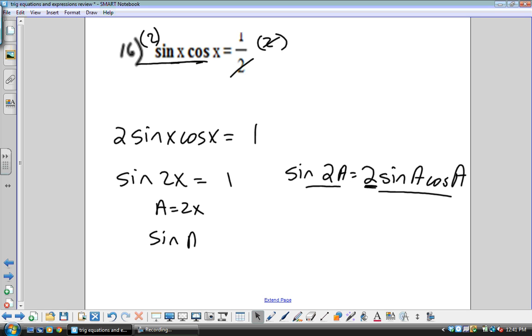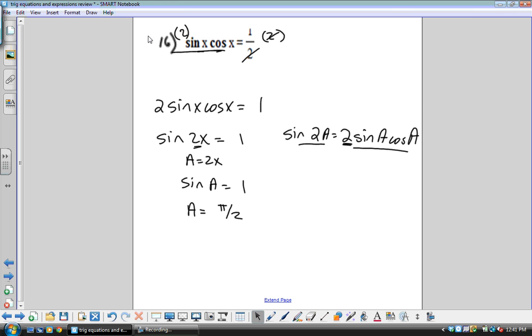So we get sine A equals 1. So let's see, sine is 1 at pi over 2. Now, again, because of the coefficient, we're going to have to do the general form here of plus 2 pi n. And now A is equivalent to 2x, so we'll put the 2x back in. Now we're just going to divide by 2.